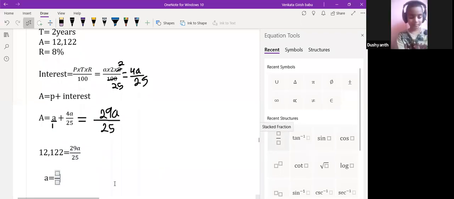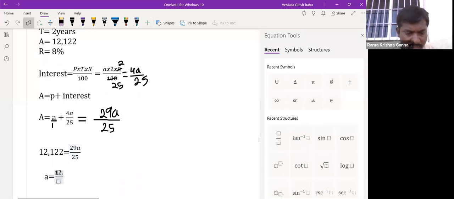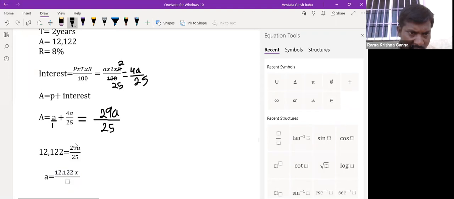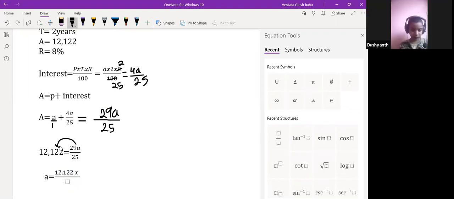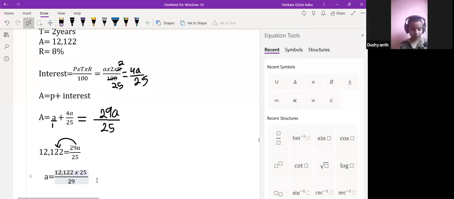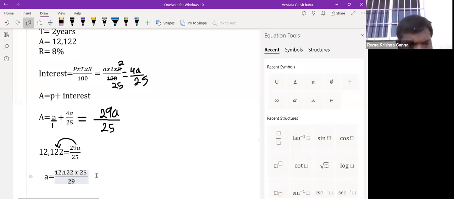Send the fraction 29 by 25 to the left side. Tell me the answer: 25 divided by 29.